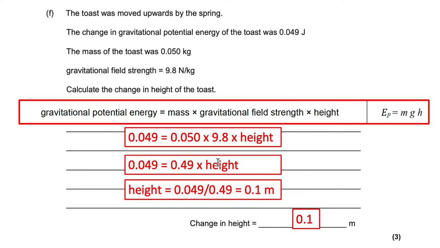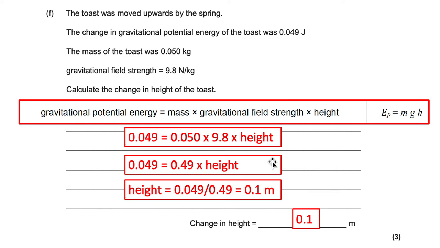First thing I'm going to do is simplify. So I've got these two numbers, 0.05 and 9.8, that I just times together. I get 0.49. So 0.049 equals 0.49 times h. Even if you go on to rearrange that incorrectly later, you will still get a mark for one of these two top lines, so substituting the numbers in.